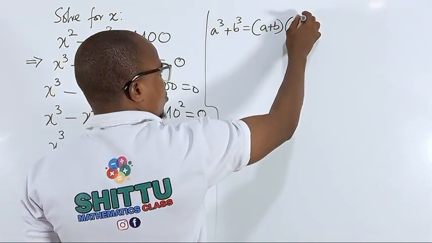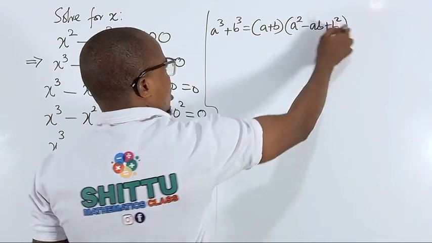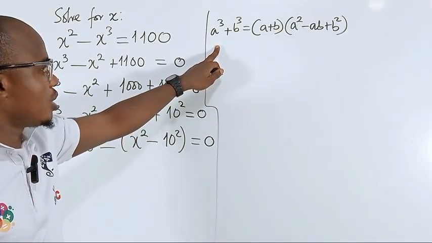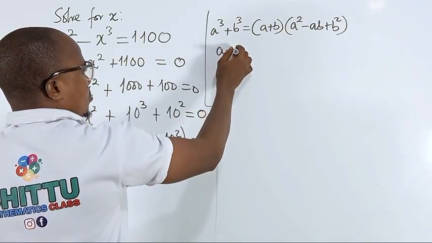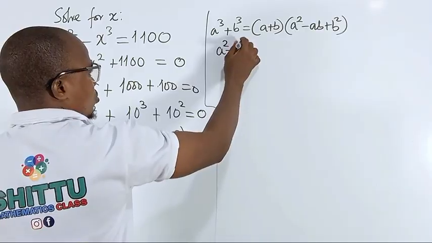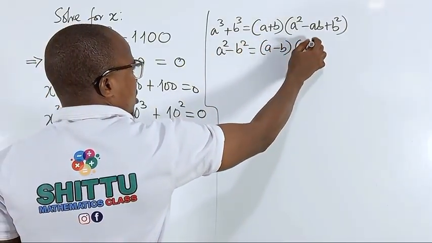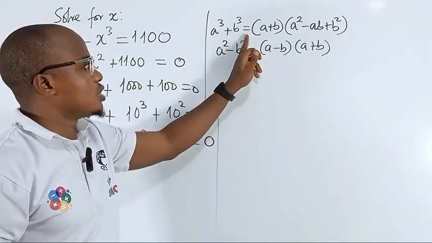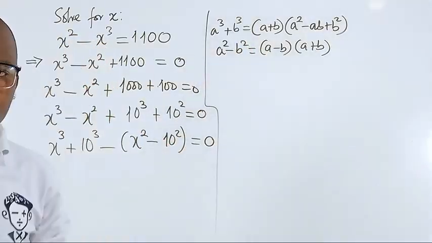Then a squared minus ab plus b squared. That is this one. Alright? So if you have a squared minus b squared, this is going to be a minus b, then a plus b. That is the difference of two squares, and this one is the sum of two cubes. Understood?